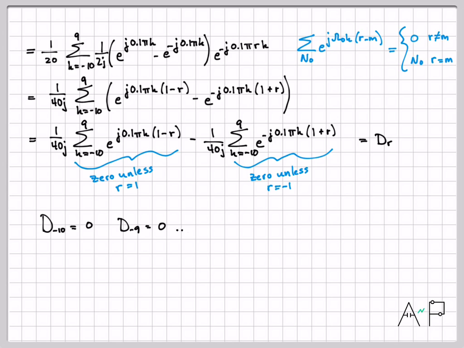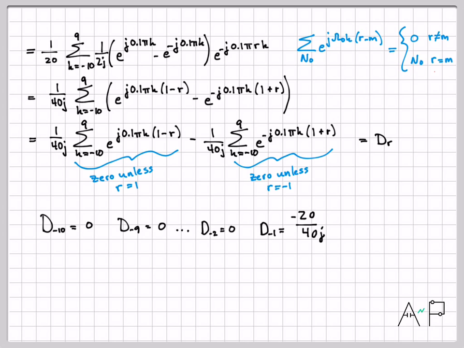Same thing for -9. Same thing for -8, all the way up until I get to -2, and that's the last zero value that I get. The next value where I get something interesting is when r is -1. When r is -1, this is 0, but this one is non-zero, and in fact this turns into N naught, which is 20.